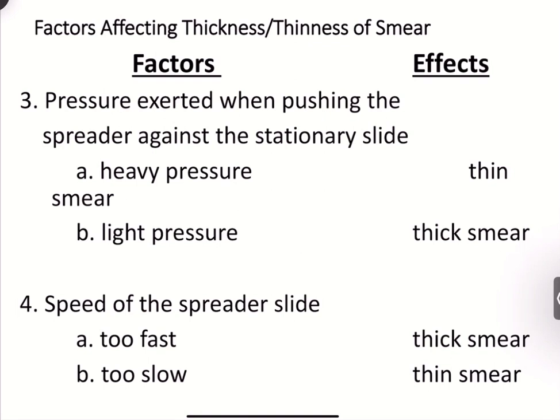There's also no measure of how fast or slow to smear, you just estimate. Not too fast, like a swift motion, and not too slow. Why? Too slow can also produce ridges, waves. So the glide of the slide should be smooth and nice.